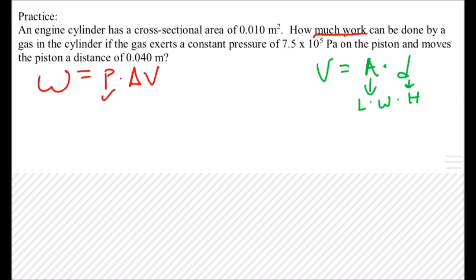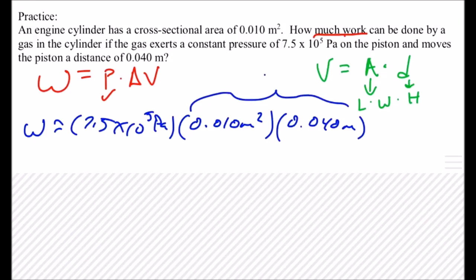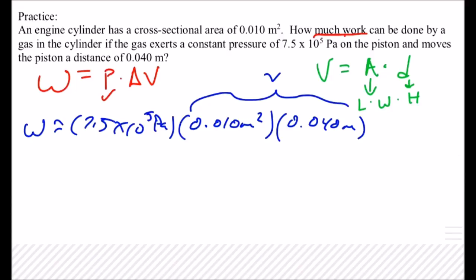So we're going to be able to say then that the work is equal to the pressure times the area times the displacement. And again, we know that this right here is the volume. All right, so let's plug that into our calculators and come up with an answer.